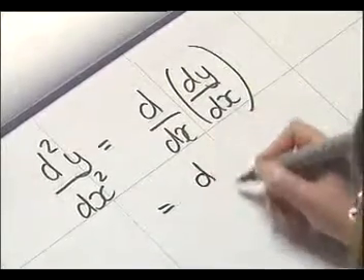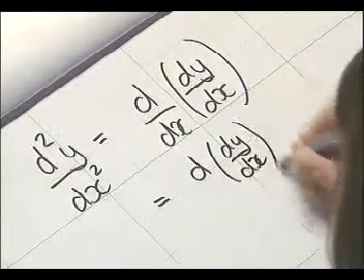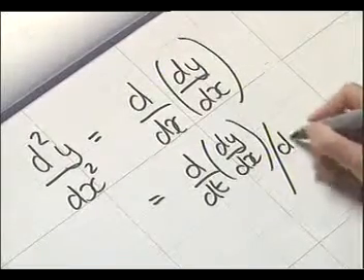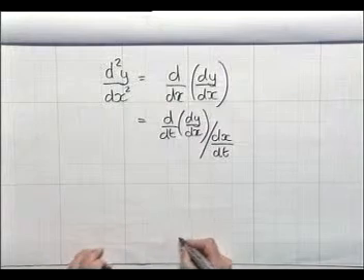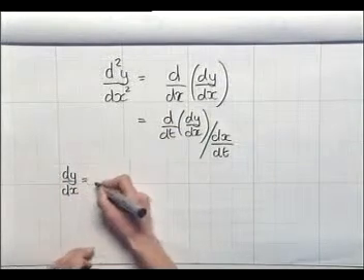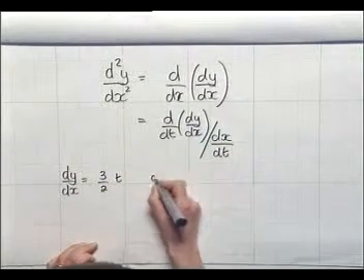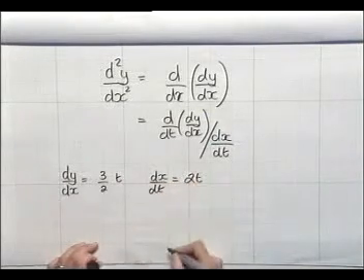And that is the derivative of dy by dx with respect to t divided by dx by dt. Just to recap, our dy by dx was equal to 3 over 2 times t, and our dx by dt was equal to 2t.